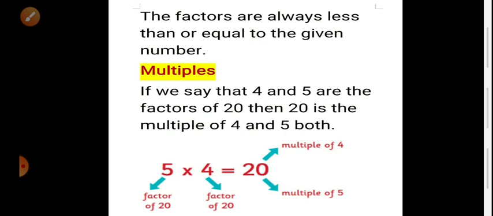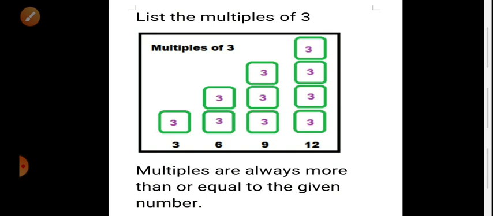Let's see. 5 multiplied by 4 is equal to 20. So we can say that 20 is a multiple of 4 as well as 5. And we can say this also that 5 is a factor of 20 and 4 is also a factor of 20.